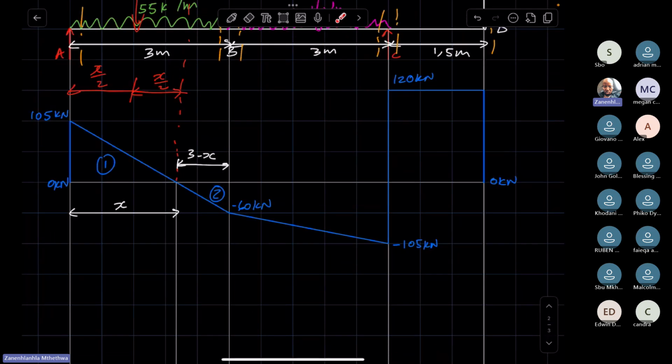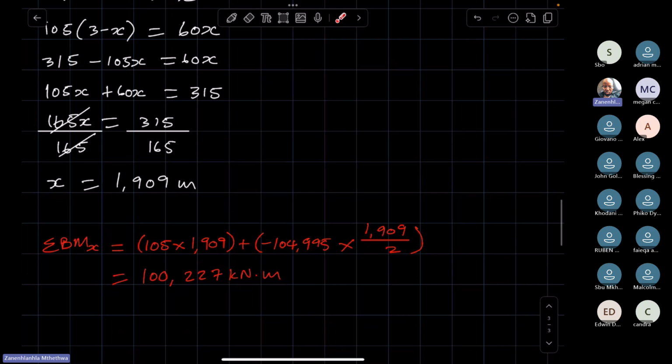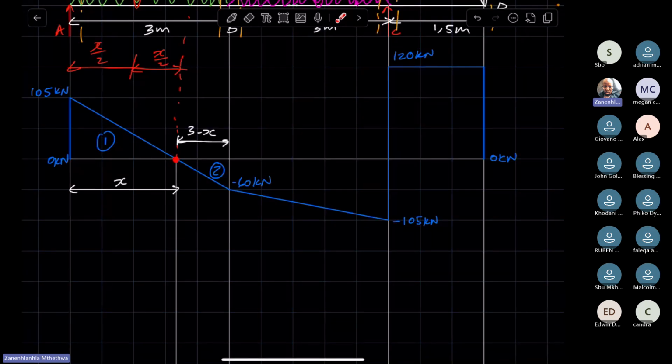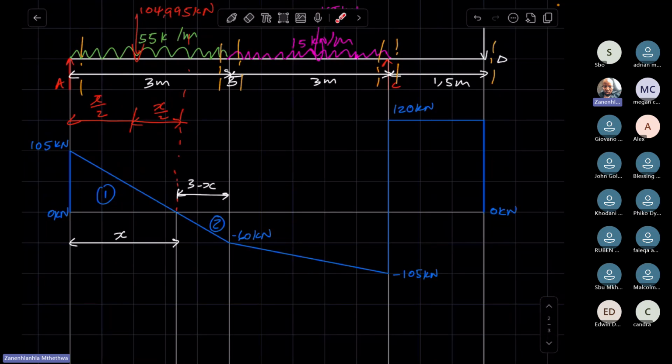Now at this point, point X, it is equal to 100,227 kilonewton meters, which is the largest, meaning that in actual fact, maximum bending takes place at point X. That is why it is important to calculate the bending moment at this point, if it happens that your shear force diagram crosses over at a point that wasn't previously a critical point. Are we clear here? Yes, sir.